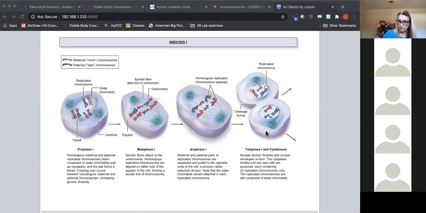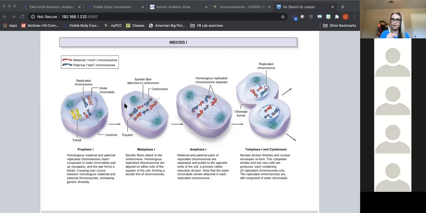When they are close together, they form this structure that we call a tetrad. Tetrad comes from the word four. Tetra means four, so the prefix tetra is four. If you were to count the single chromosomes in a homologous replicated pair, you would find 4 single chromosomes in that pair. You can see them right here: 1, 2, 3, 4.